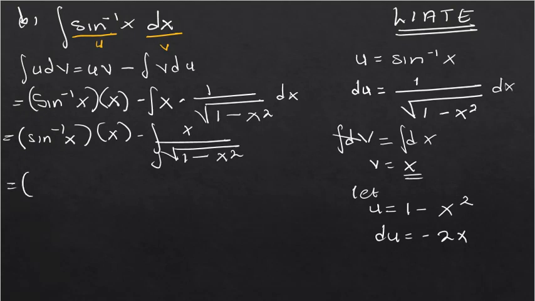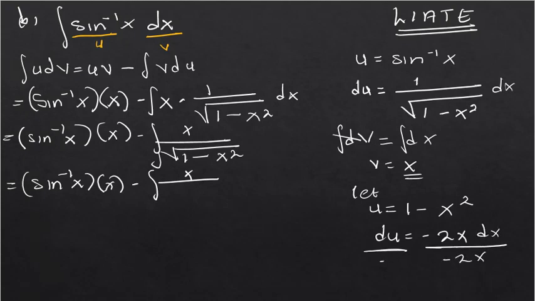And of course we have sine inverse of x times x, minus the integral of x over, and if we cancel out, we make dx the subject. Notice that dx is du over negative 2x. So of course we are going to have our negative 2x here, then we have our u and du.